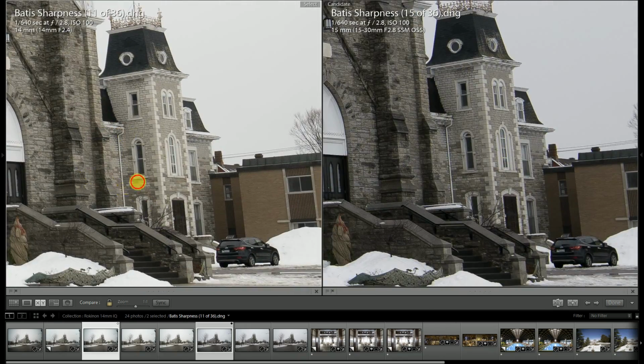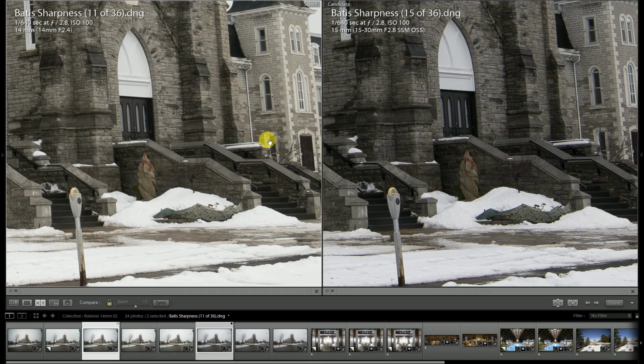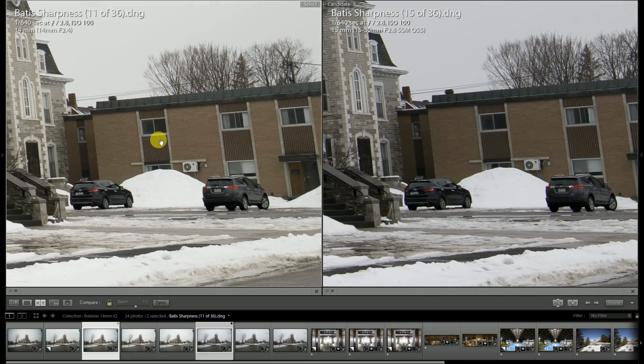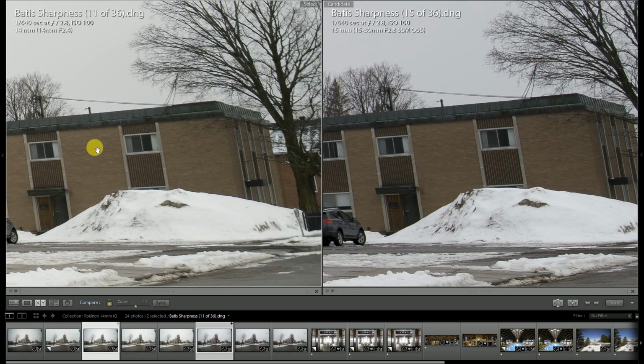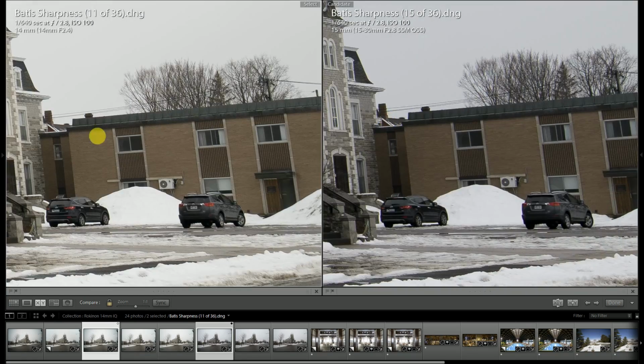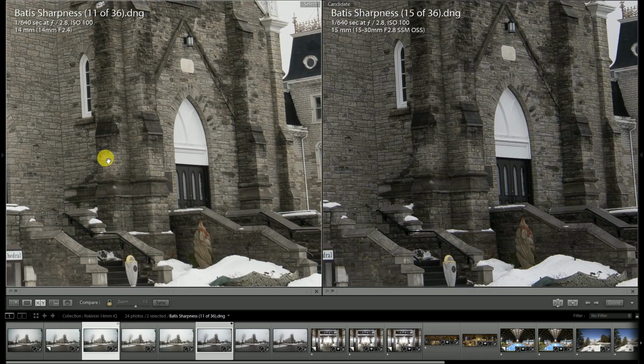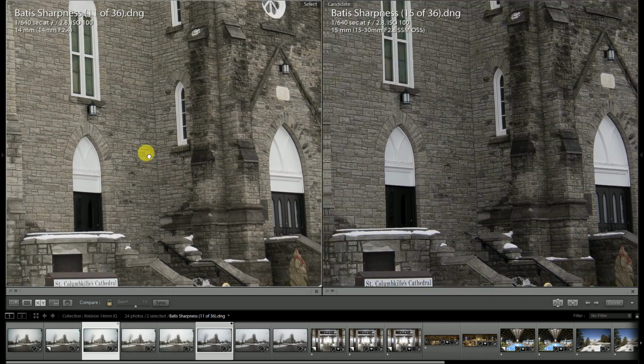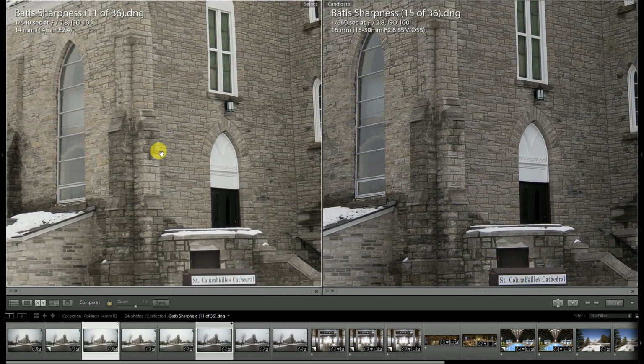And that's in the center, of course, but when you consider that the Rokinon extends that out towards the edge, and without the chromatic aberration, I think it's pretty safe to say that the very minor edge for the Tamron in the center of the frame balances out when we look at the global image overall.